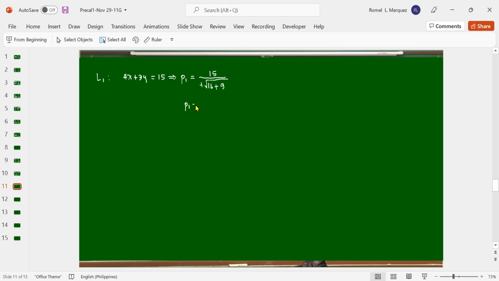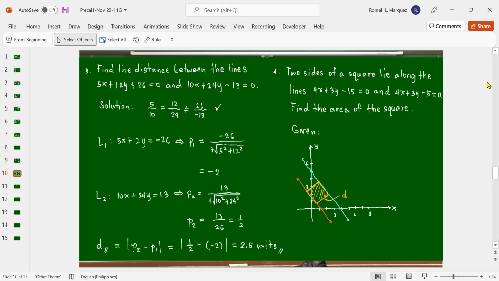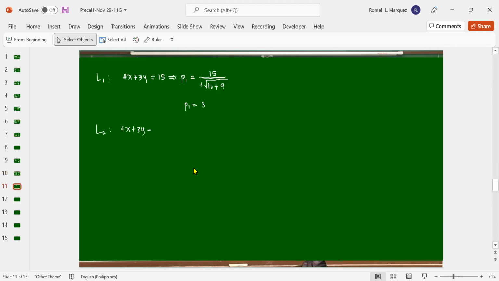So P1 therefore is what? 15 divided by 5, 3. What about line 2? 4x plus 3y minus 5, so it means equals 5.